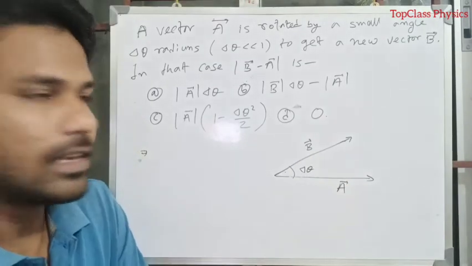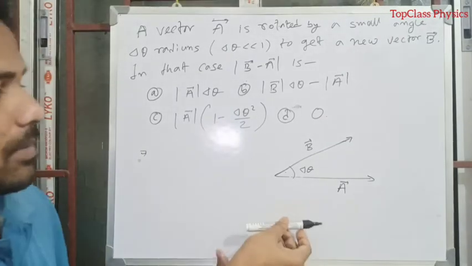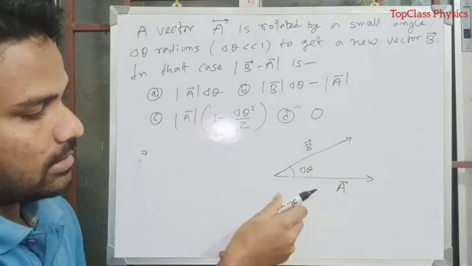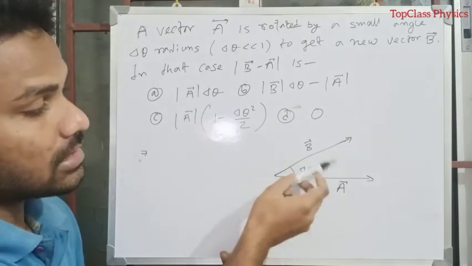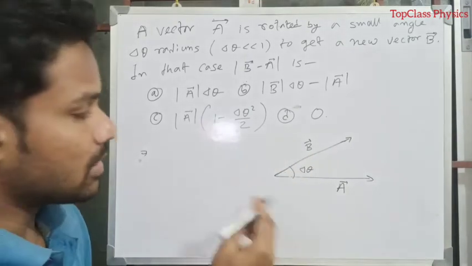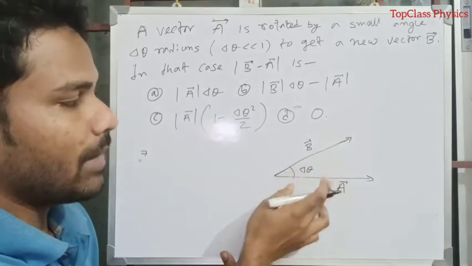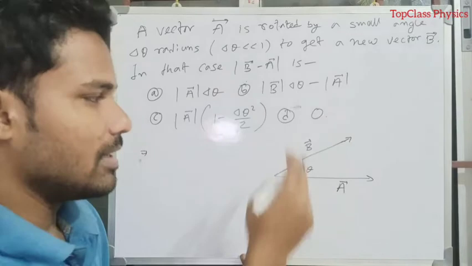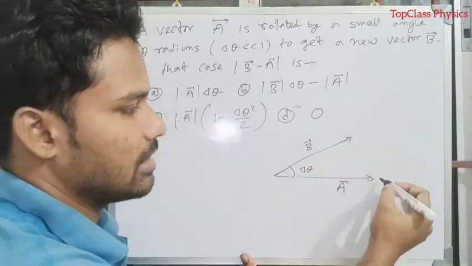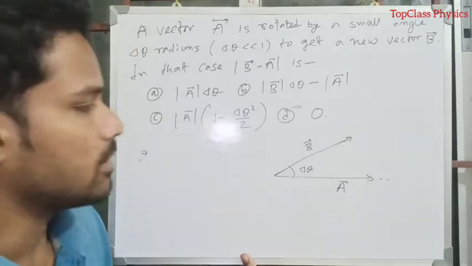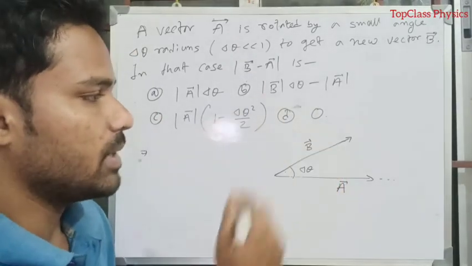Why is this B? Maybe this magnitude is the same, but the direction is different. For a vector, magnitude as well as direction is significant. It is directed along the positive x-axis, while this is directed in another direction, so this is another vector, B vector.